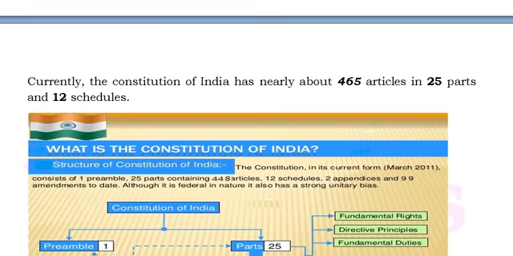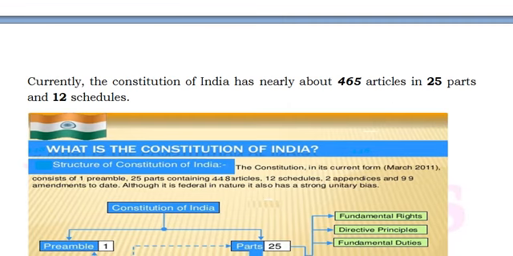So you may have a doubt: I said the last article number is 395 and the last part number is 22, but how come 25 and 465? How were these extra parts and extra articles accommodated? That we need to know.